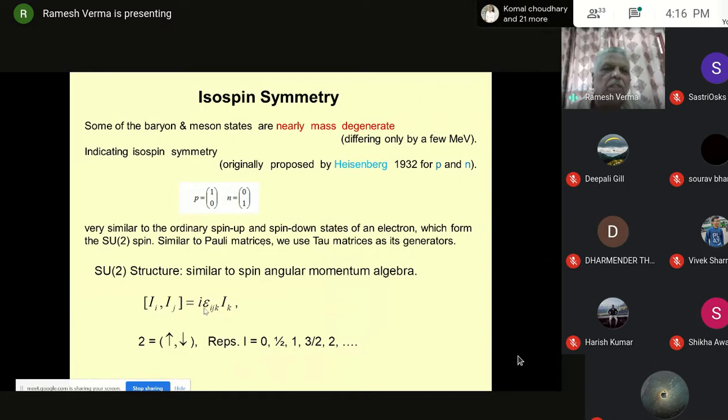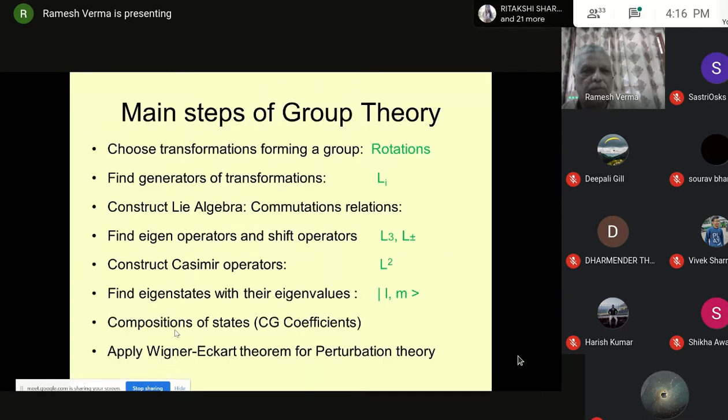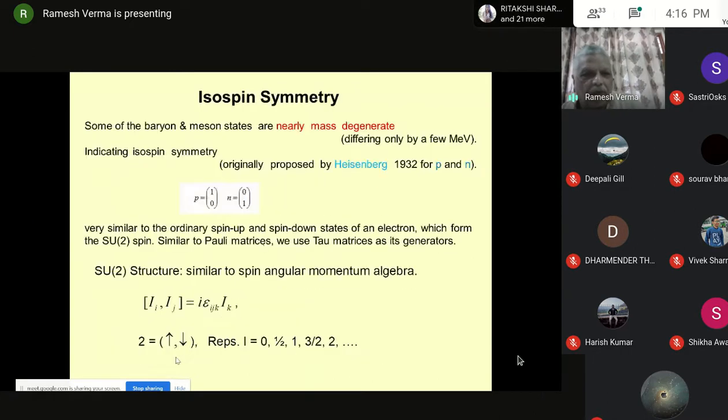So this kind of thing, which I suppose everybody knows, is the Levi-Civita symbol. This is 1 when ijk are 1, 2, 3 or an even permutation, otherwise -1, and it is 0 if any two indices are equal. So that way, the fundamental representation will be isospin up and isospin down. This is just a shorthand symbol for these two things.